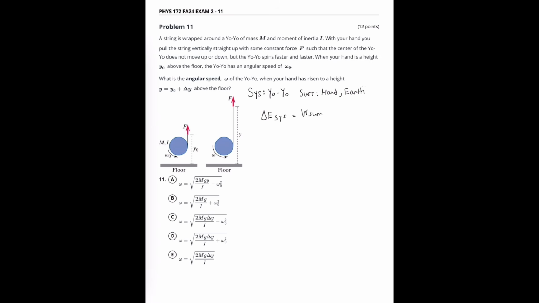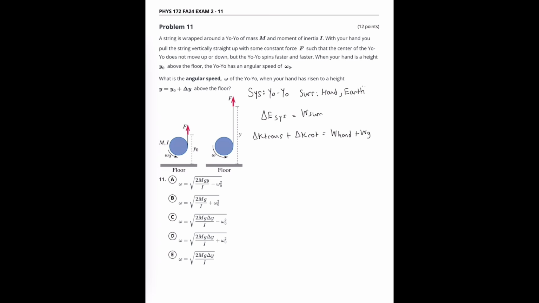And from that, we can say translational kinetic energy plus rotational kinetic energy is equal to the work done by our hand plus the work done by gravity.